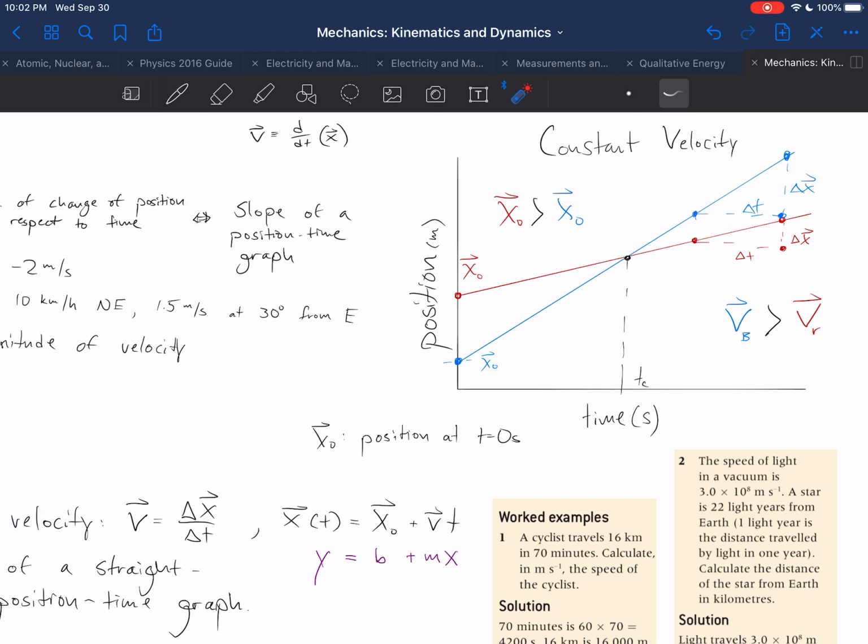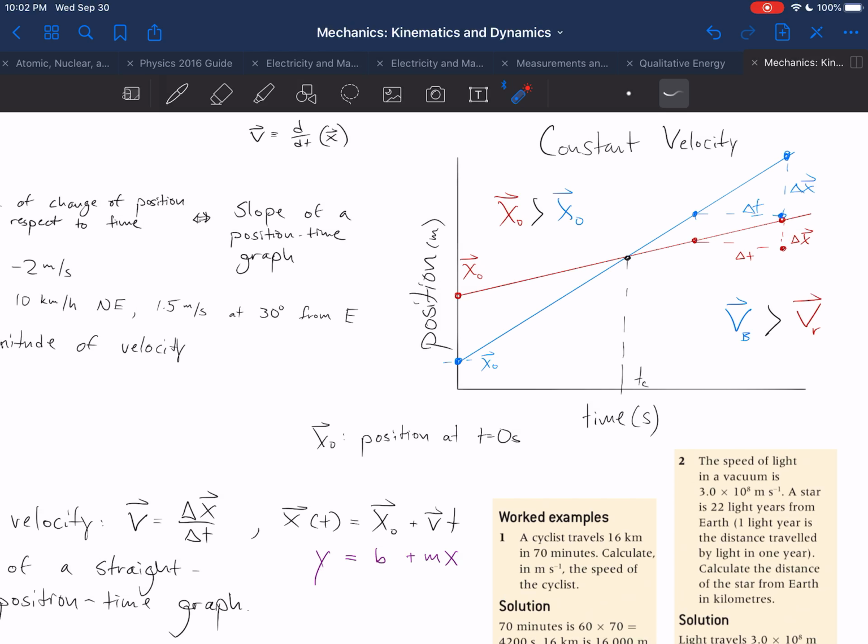Notice also that on this particular graph, at constant velocity, the red object is starting at an initial position that is further along the position axis than the blue object. But the blue object is moving faster, and so at some point they collide, or perhaps the blue object passes the red object and continues on.